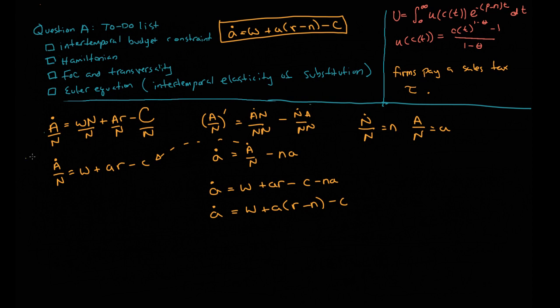All right, let's do the Hamiltonian, because that's easy. The Hamiltonian is always just the utility function without the integral part, and then the budget constraint here, plus our little mu guy. So let's switch colors.